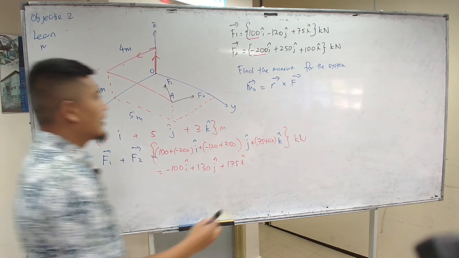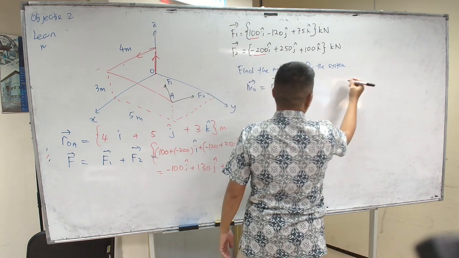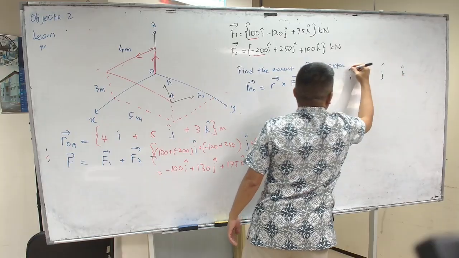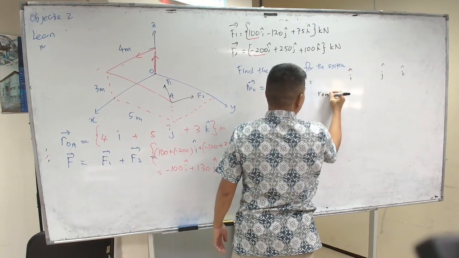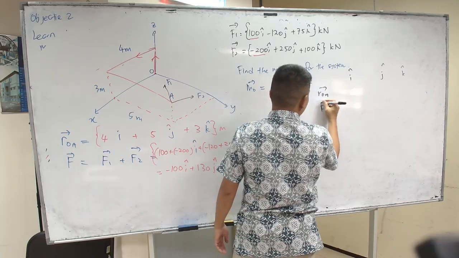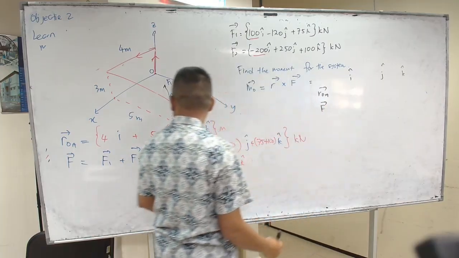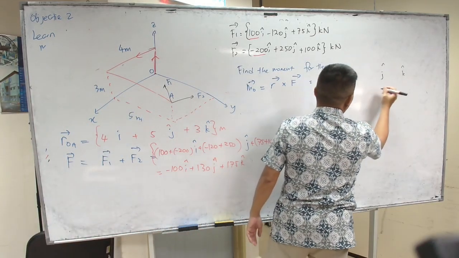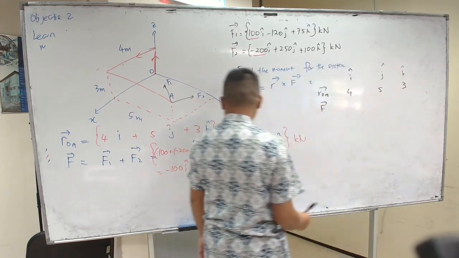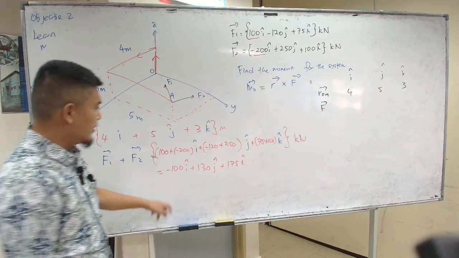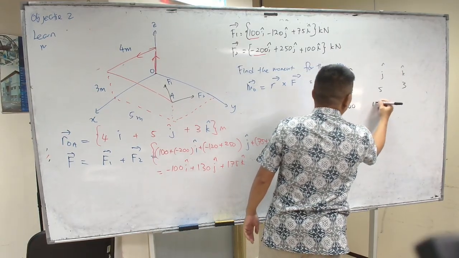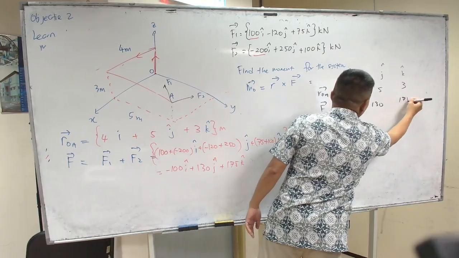So finally, I need to hurry. This is ROA. This is F, negative 100, 130, 175.